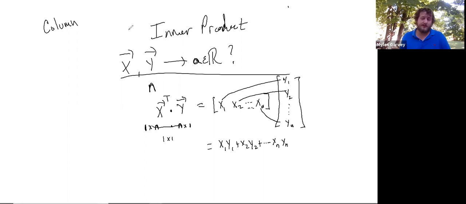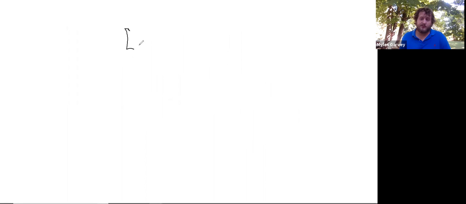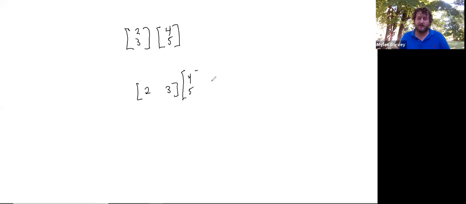So, for example, if I have the vectors 2, 3 and 4, 5, then to find the inner product of these two vectors, what I end up having is the 2, 3 in row notation times the 4, 5 in column notation, which is equal to 4 times 2 plus 5 times 3, which of course is 8 plus 15, which of course is 23.